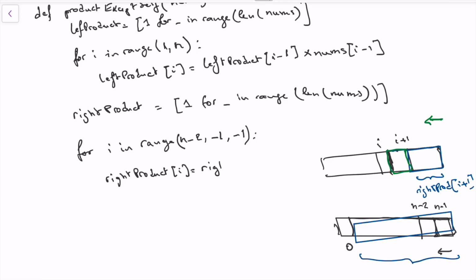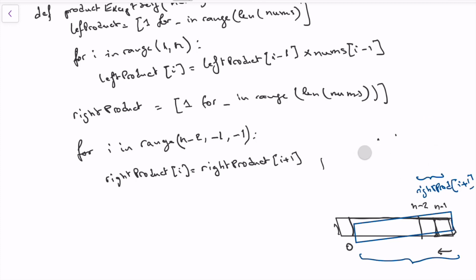So the right product at I plus 1 basically means, just give myself some space here, the product from I plus 2 all the way till the end. So we need to multiply nums of I plus 1 because that's to the right of I.